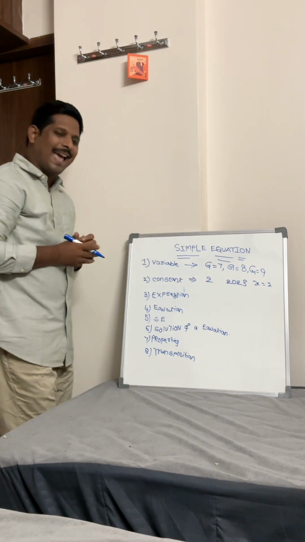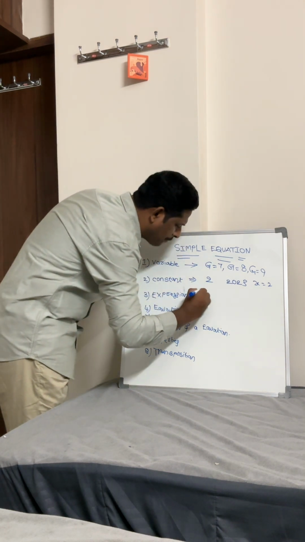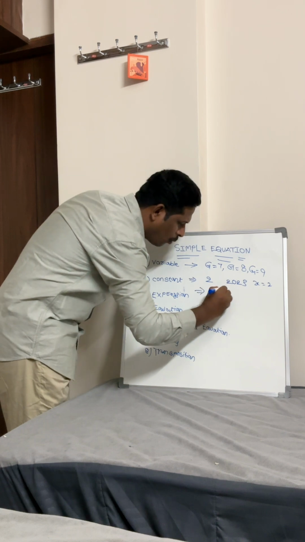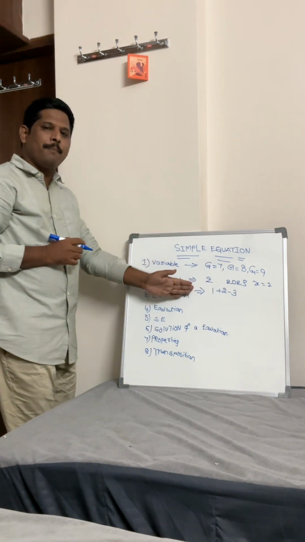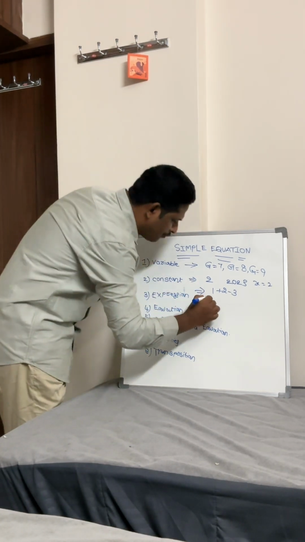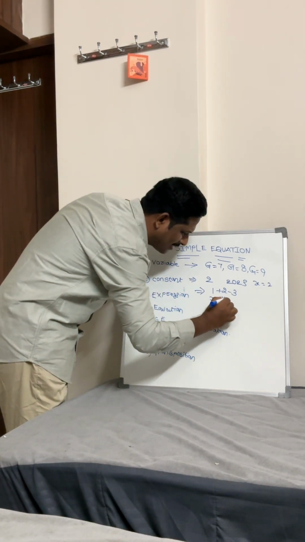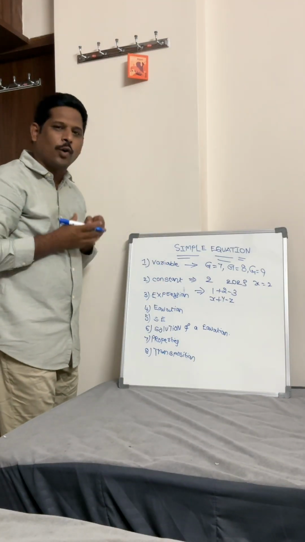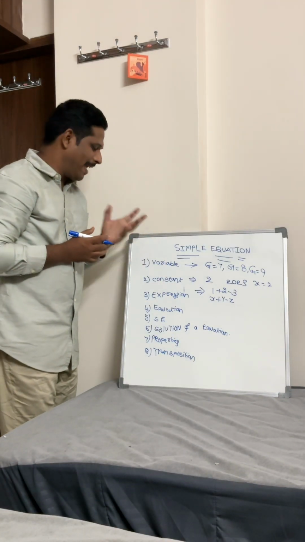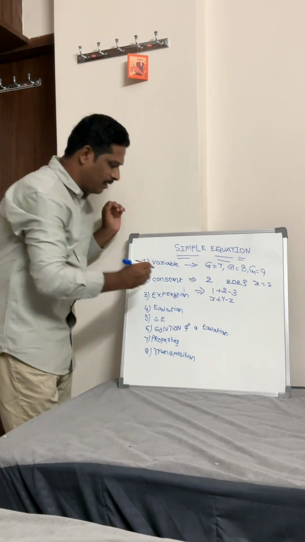Expression. We have two types of expressions. For example, 1 plus 2 minus 3 is a numerical expression. x plus y minus z is a variable expression. It is called an expression. Now equation.